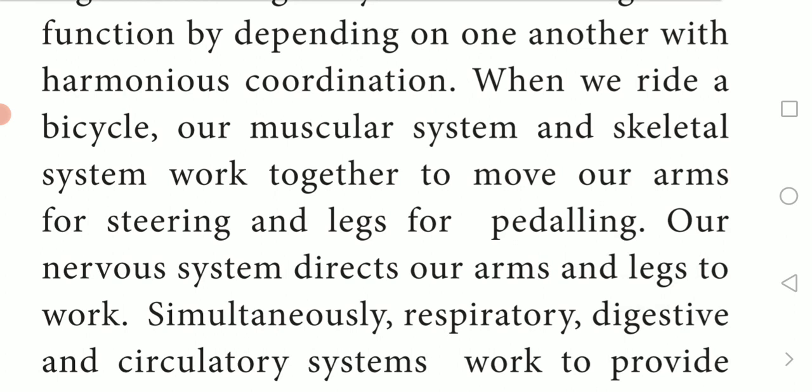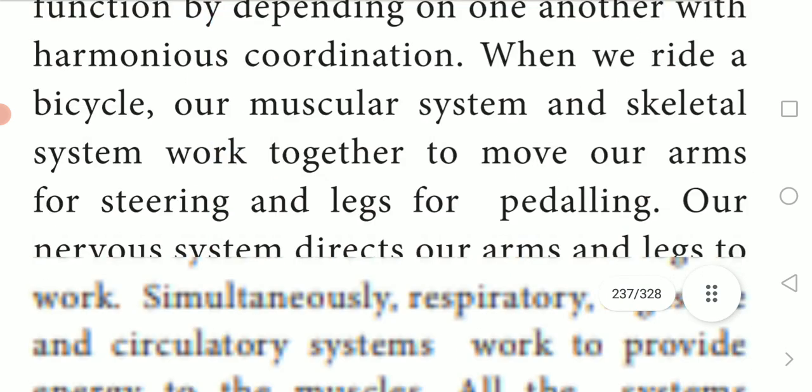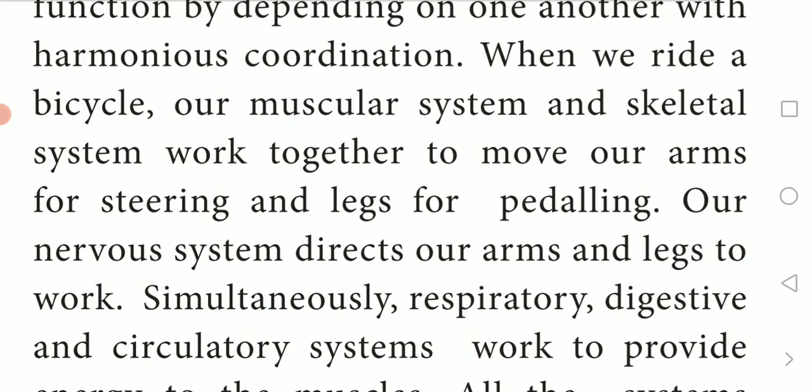When we ride a bicycle, the two systems coordinate with each other: our muscular system and skeletal system work together. Do you know what I mean by together? They join and work as a group to move our arms for steering. Steering means the front portion of that bicycle, where we hold our hands, and legs for pedaling.